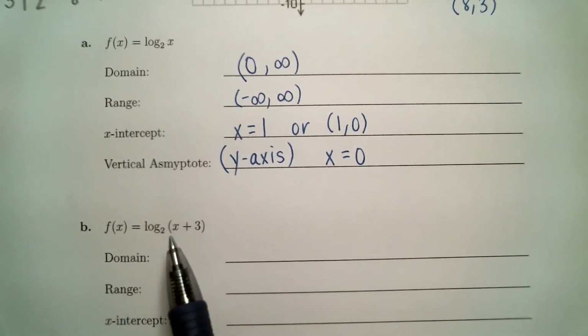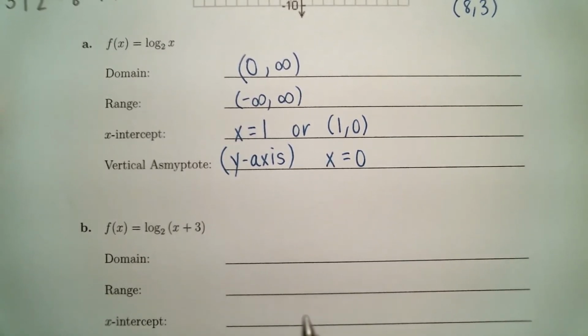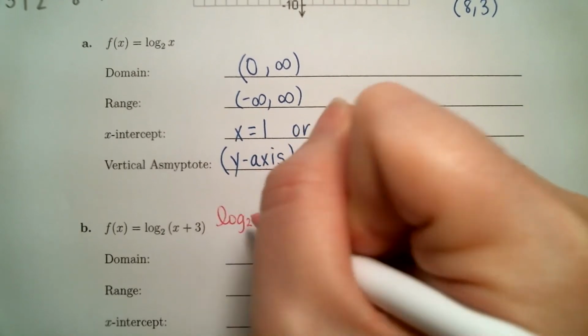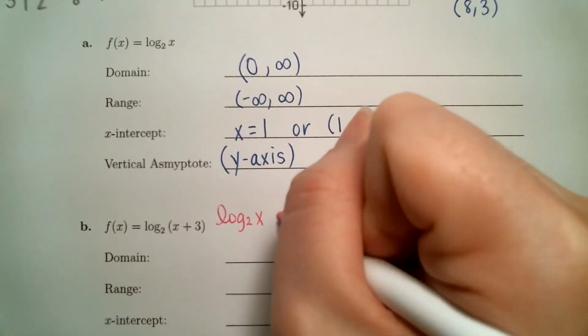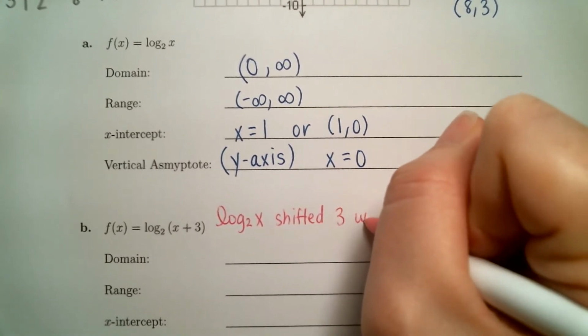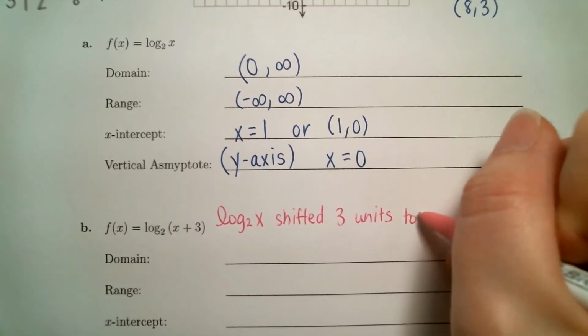Since you're adding inside parentheses, this is a horizontal shift. We're taking the graph of log base 2 of x and shifting it 3 units. Since we're adding, we're going to the left.